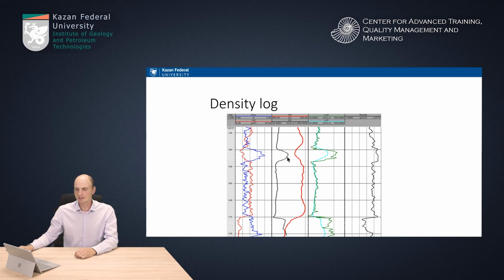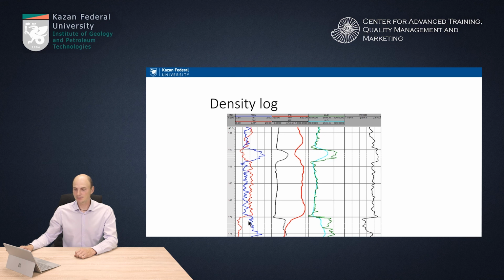Simultaneously, in this layer we have high resistivity, both by apparent resistivity, the lateral log, and the induction log. So it's a clean, high resistivity rock. And we know that it's either a highly porous rock filled with hydrocarbons or simply a rock with low porosity. It's quite hard to distinguish using only these logs.